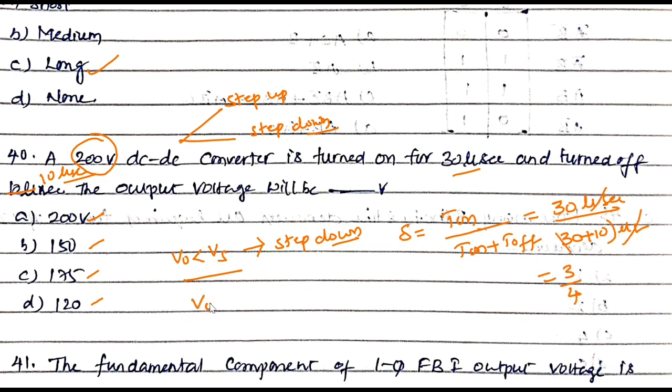Now V naught is nothing but Vs into delta. There's a formula for a step down converter. So V naught is equal to, what's the Vs? 200 into 3 divided by 4. Okay, so it is nothing but 150 volts. So B is the right answer. The output voltage will be 150 volts here. It is nothing but a step down chopper here.